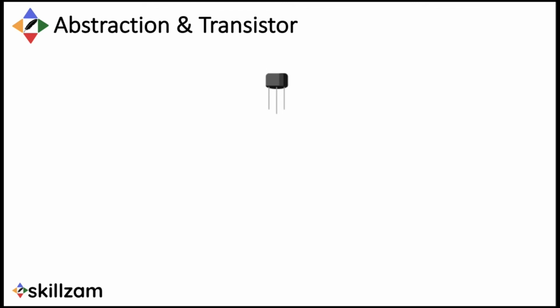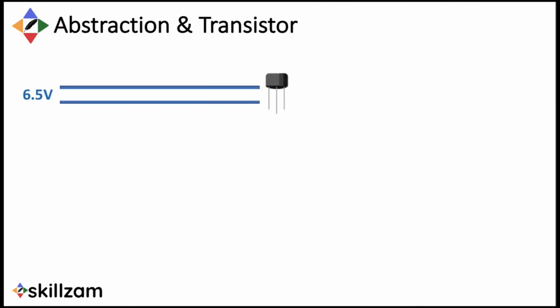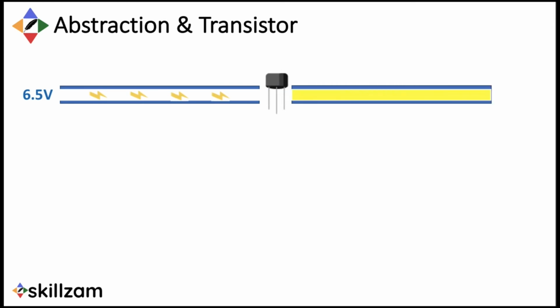So now let us consider an example here. This top wire has electricity pulsing through it at 6.5 volts and comes out of the transistor in the on state, labeled as 1.